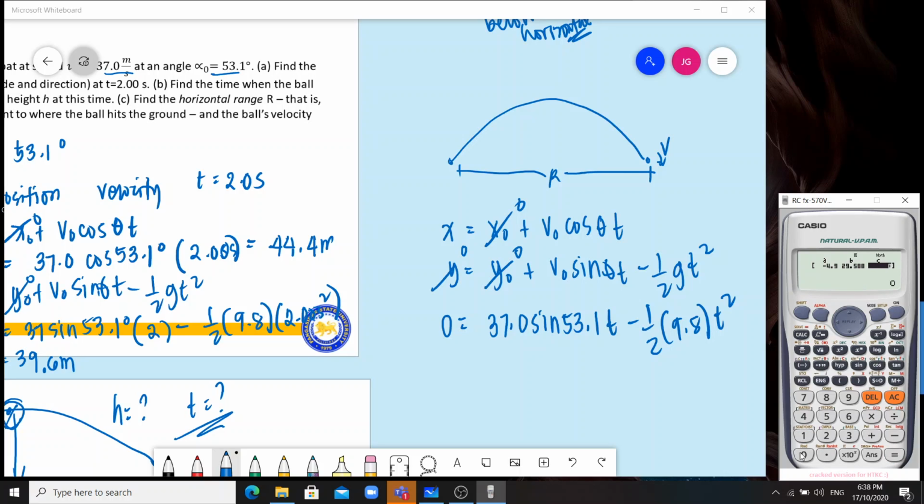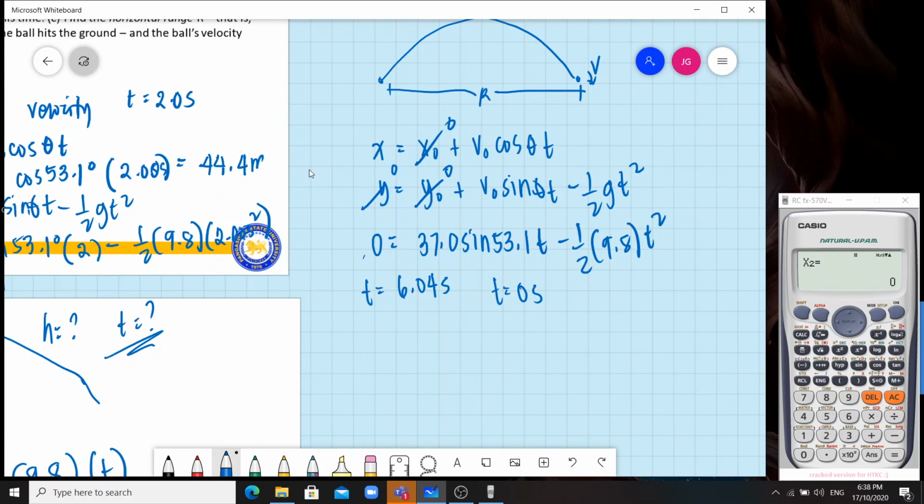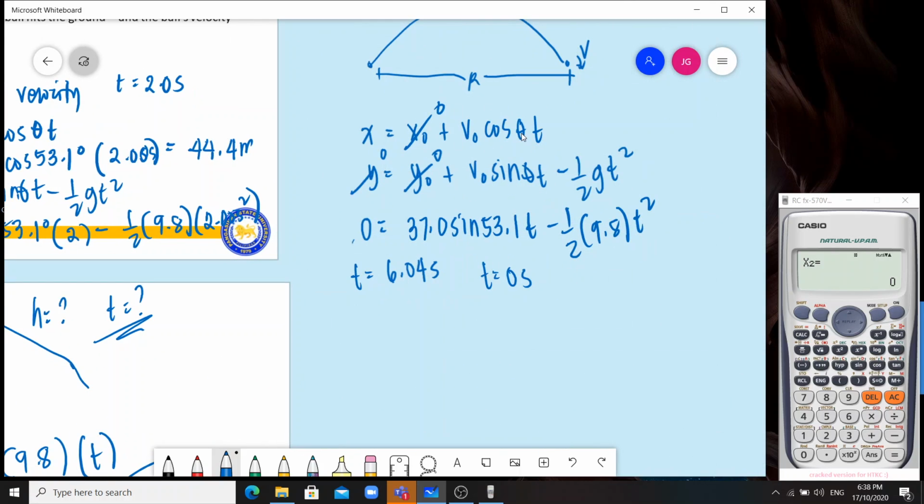And then, c is 0. Okay. So, ilalabas niya dalawang values, which is 6.04 seconds at saka 0 seconds. Okay. Tama naman guys, kasi at 0 seconds, nasa 0 siya. So, after 6.04 seconds, bumagsak na ulit siya sa lupa. Okay. So, meron na tayong ilalagay sa time dito.